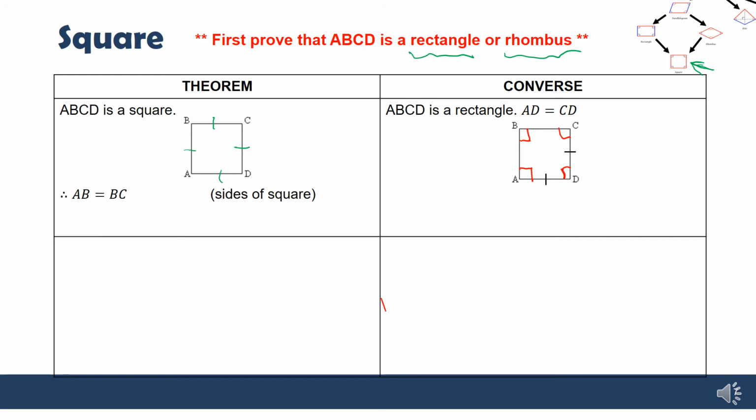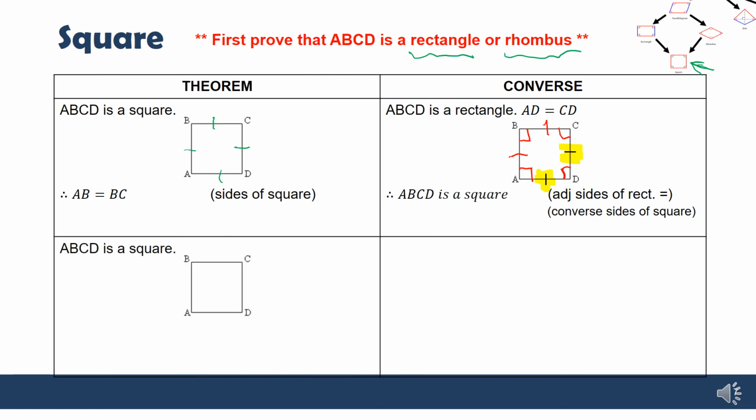But we also are given that AD and CD, or adjacent sides, are equal. And if adjacent sides are equal, then it has to be a square, because in a rectangle we know that opposite sides are also equal. And there's my square. So you only need one pair of adjacent sides to be equal if you know that it's a rectangle to show that it's a square.